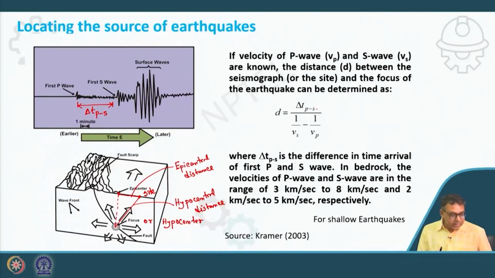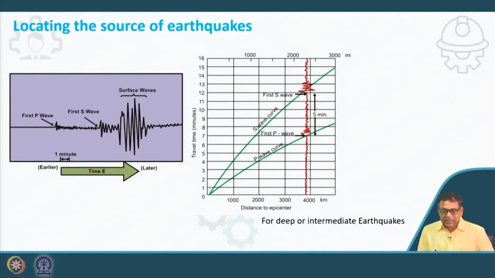Now what will happen if it is a deep or intermediate earthquake? How can we determine the location of the epicenter? The second method is locating the source of an earthquake.